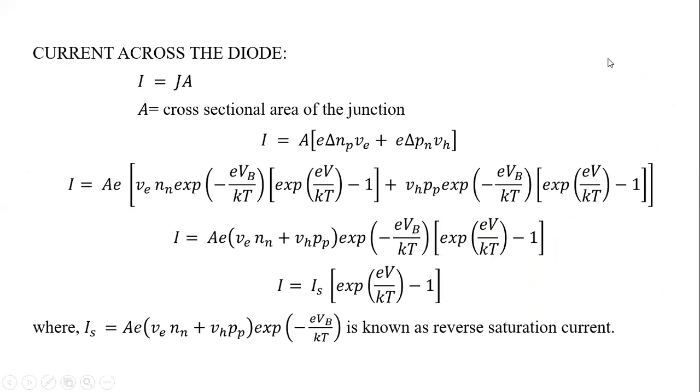Okay. Now, once we know that, you can write the current across the p-n junction like this. J is the current density, and like we defined before, current density is simply current upon cross-sectional area. We already discussed what a cross-sectional area is. Now the current density is simply e n v_e plus e p v_h.